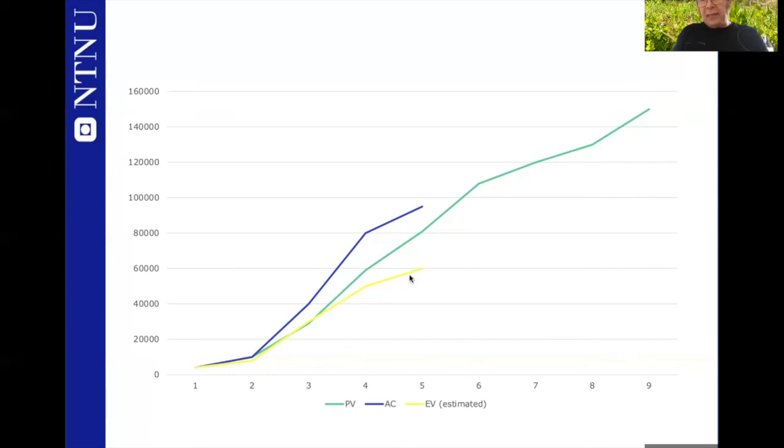Looking at this data, we would say that this project is going to be delayed and is going to run over budget. This kind of information is the information we are seeking when we are using the earned value method.